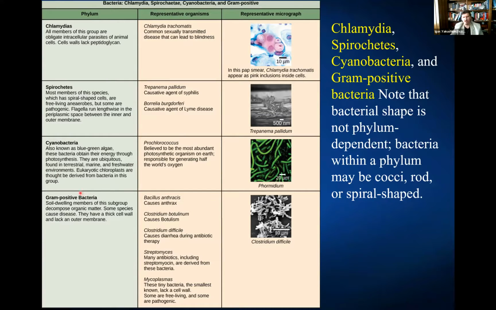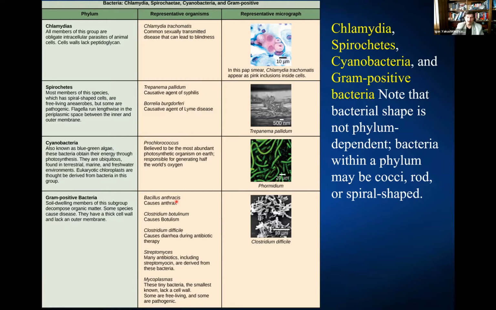Then we'll talk about the gram-positive bacteria, specifically anthrax. In this particular case, you might notice that many of the gram-negative bacteria, which at least we covered in our lab, are pathogenic, but not all of them. Some of the gram-positive bacteria, like anthrax, cause anthrax, diarrhea during antibiotic therapy and so on.